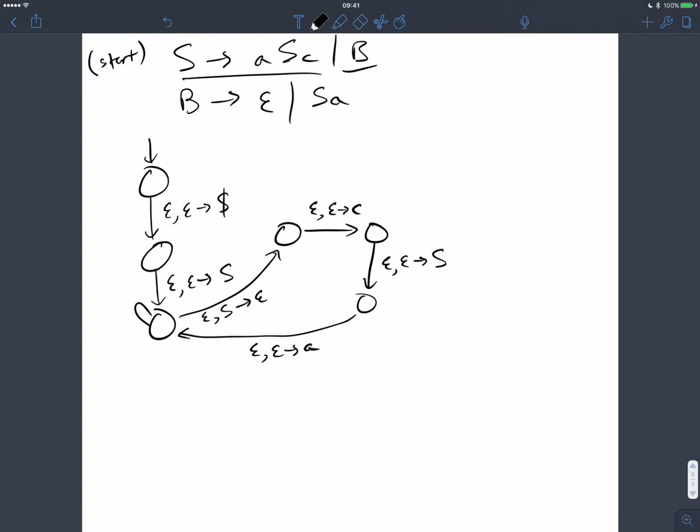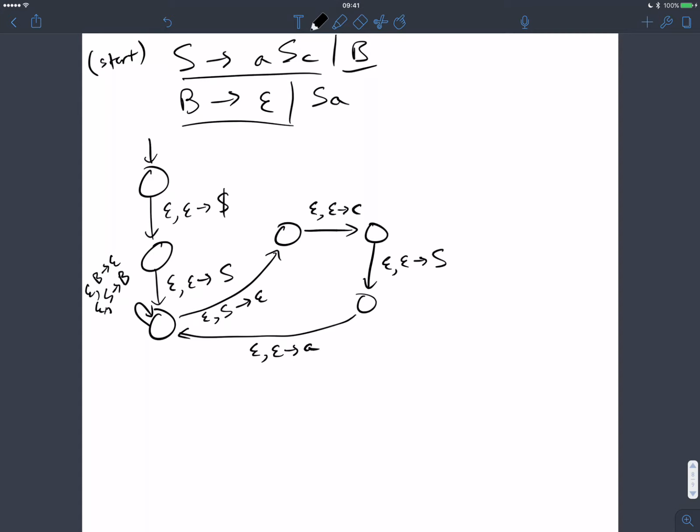So we gotta pop S off and then put B on. Same thing for B to empty, so it would be B to empty there. So we took care of that one.